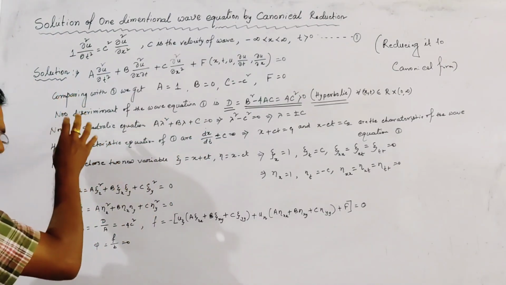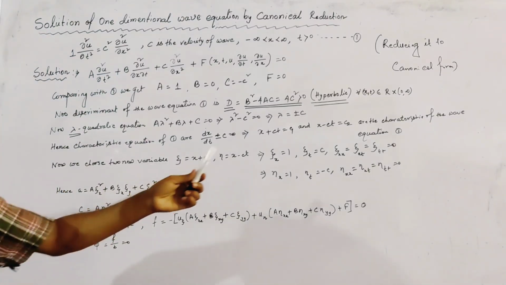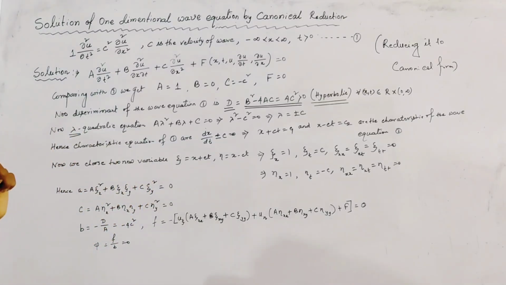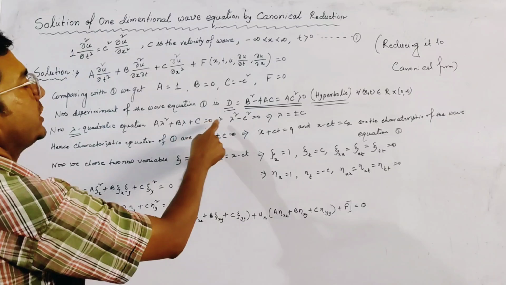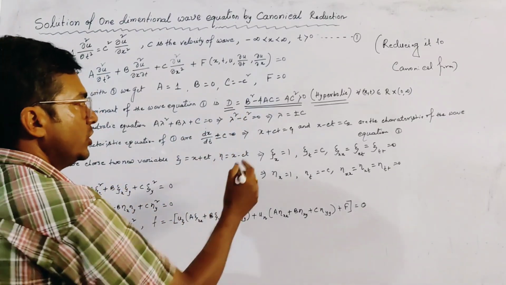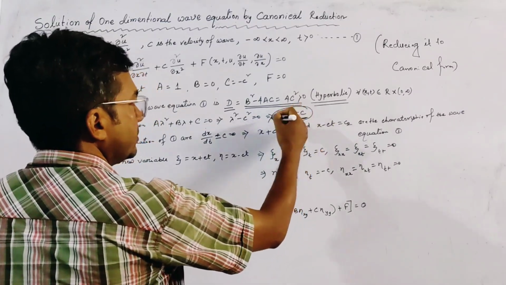This is the working rule to find the canonical form of a hyperbolic equation. We already discussed this in the previous class. Now we put the values of a, b, c, we get λ² minus c² equal to 0, and so the equation gives two values of lambda, which are plus minus c.